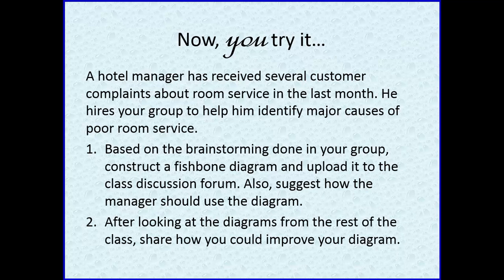Based on the fishbone diagram that you put together, identify the priority areas for action and suggest to a manager how he could improve poor room service. After you upload your fishbone diagram, I want you to take a look at the other group's diagrams and plan how else you could improve your diagram.